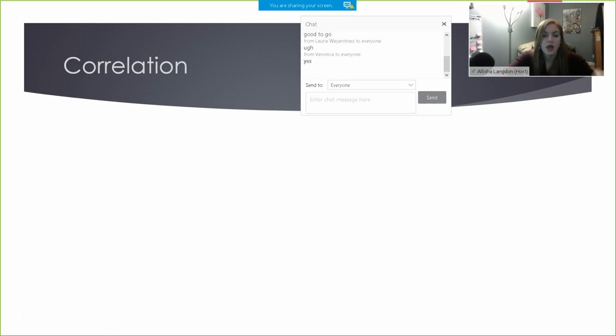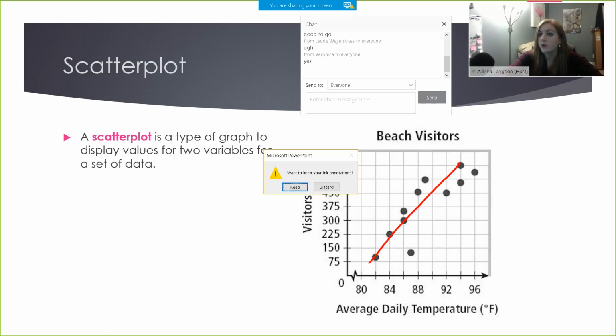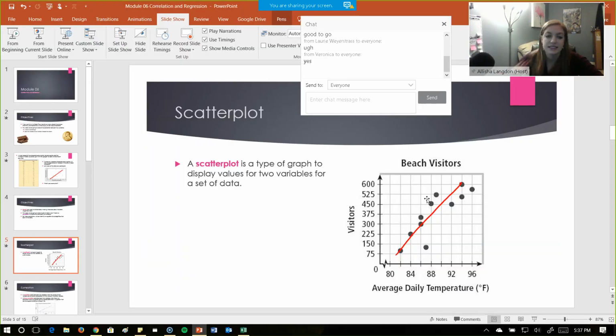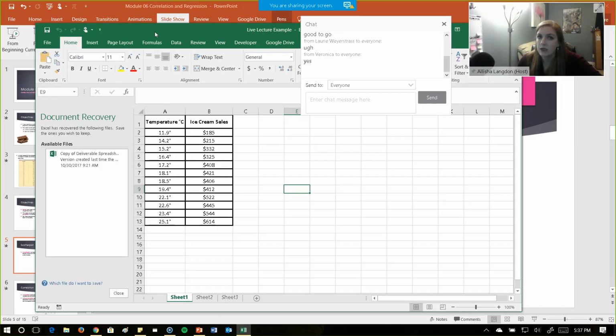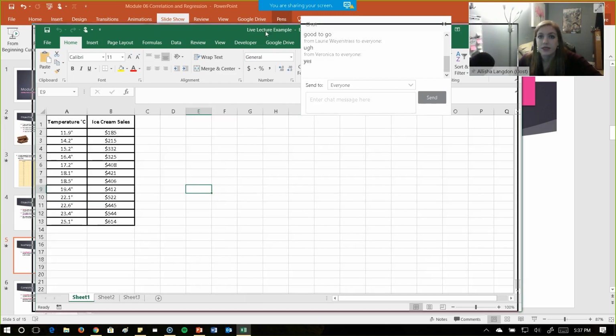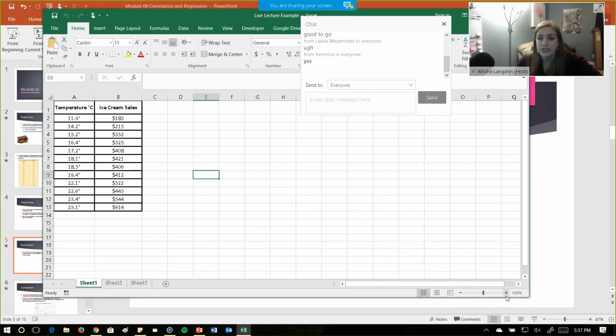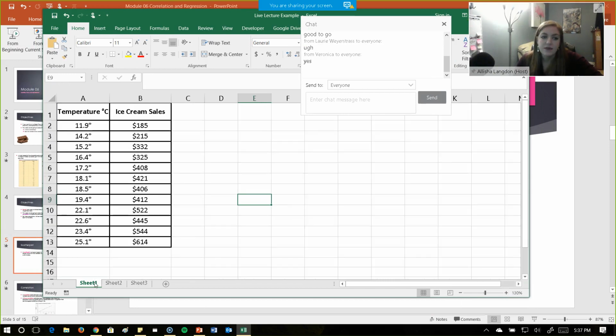Now, before we move on, I just want to show you real quick how to do that in Excel. I did give you a download Excel sheet to practice on, so you can download that and look through it a little bit. This is the first sheet here, and you see 2 different pieces of information: temperature and ice cream sales.